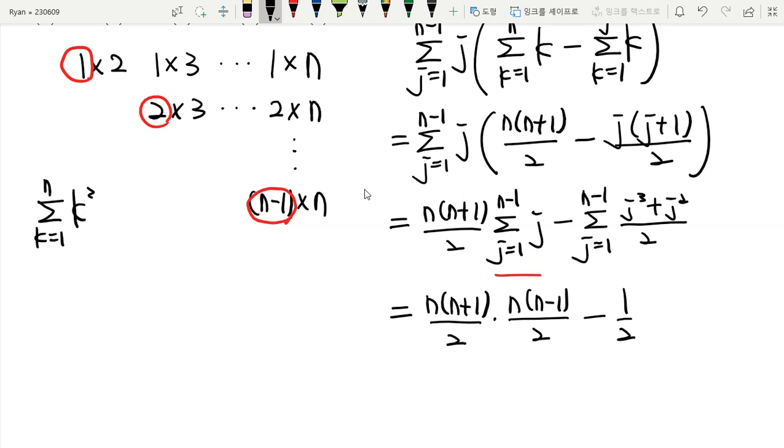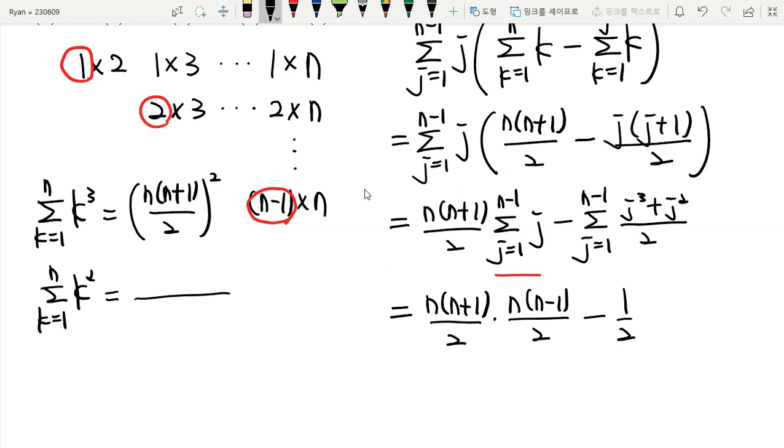If we add 1 cube through n cube, the sum is this. And if we add 1 squared through n squared, the formula is this.